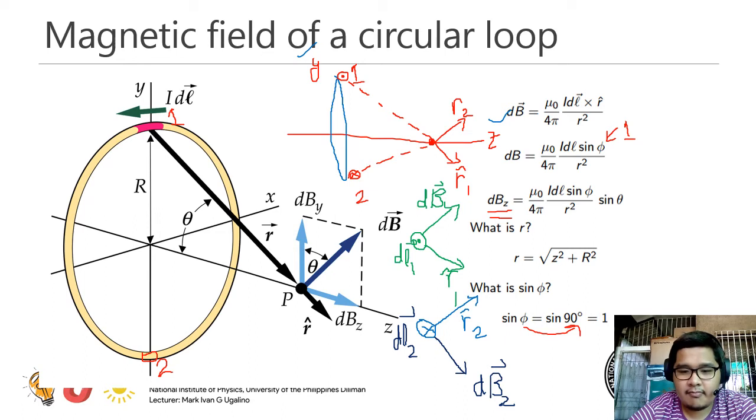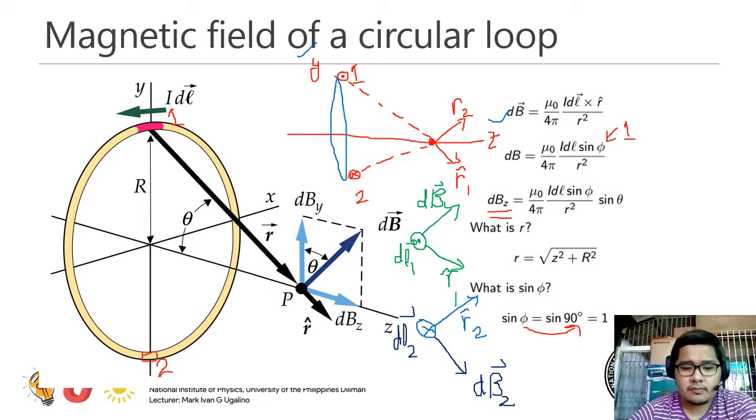Okay. Now, combining, vectors can always be added using superposition. Just add the components of dB1 and dB2 along your orthogonal basis, in this one, y and z. You can take the components of dB1 and dB2 along y and z and see how their components add up or cancel out.